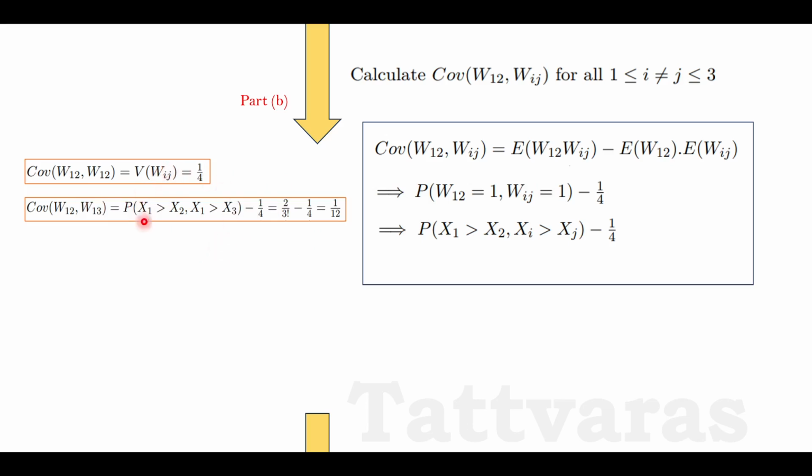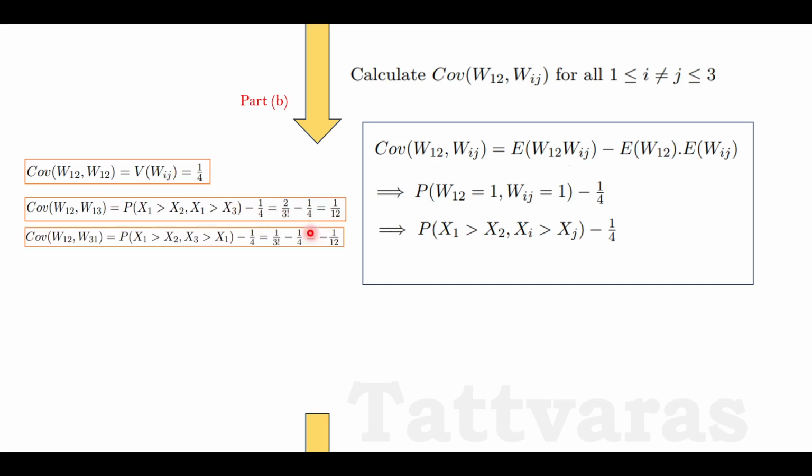So in this particular arrangement, we know that x1 is the first variable, right? x1 is highest. But x2 and x3 can be arranged among themselves in two ways. x2 can be greater than x3 or x3 can be greater than x2. So there are two favorable arrangements which satisfy this event. And 3 factorial is the total number of ways in which x1, x2, x3 can be arranged. So probability of this is 2 by 3 factorial, minus 1 by 4 we have. So it is 1 by 12.